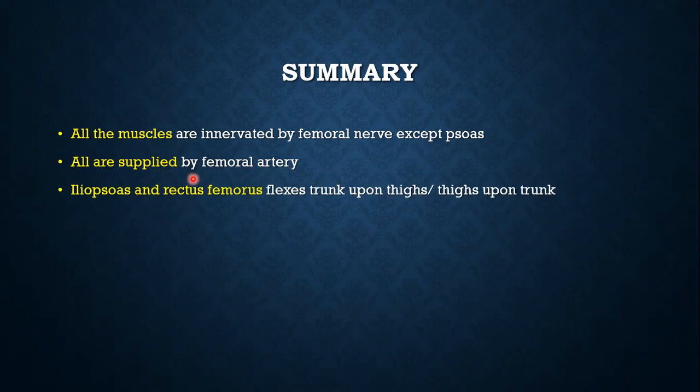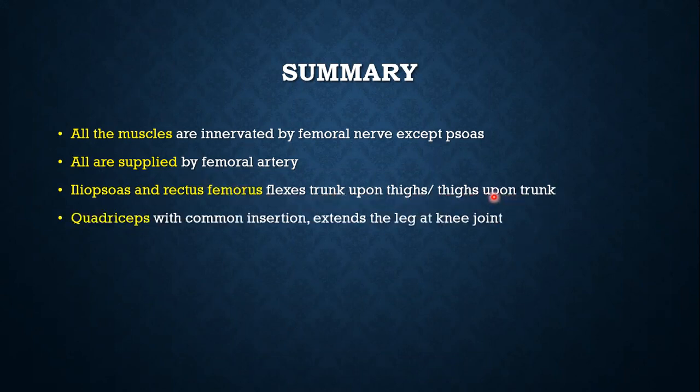Then iliopsoas and the rectus femoris muscle, as they arise from bones above the hip joint, will be acting across the hip joint only, and their action is to flex the trunk upon the thigh or to flex the thigh upon the trunk.